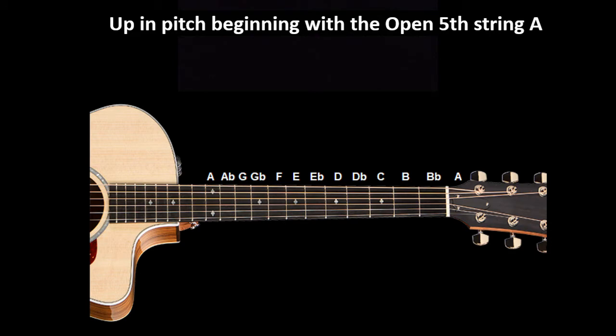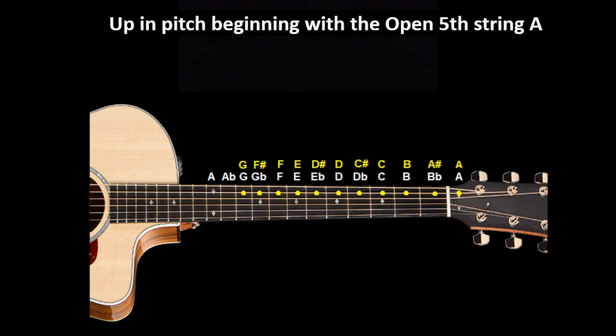Now let's work our way up in pitch along the fretboard, beginning with the open fifth string, A. A sharp, B, C, C sharp, D, D sharp, E, F, F sharp, G, and G sharp.